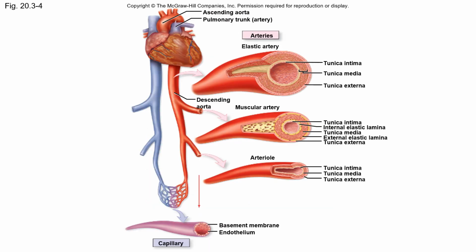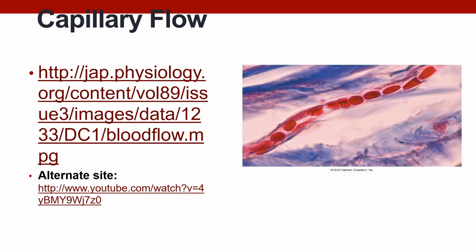Capillaries join the arterioles to the venules. Capillaries look like this, very thin wall of endothelial cells here. Okay, the whole capillary is maybe about 1 blood cell in thickness. That's about 10 micrometers in thickness.